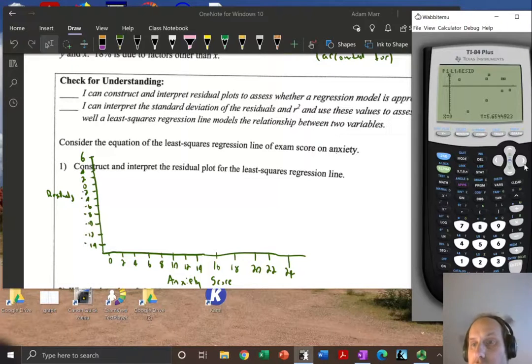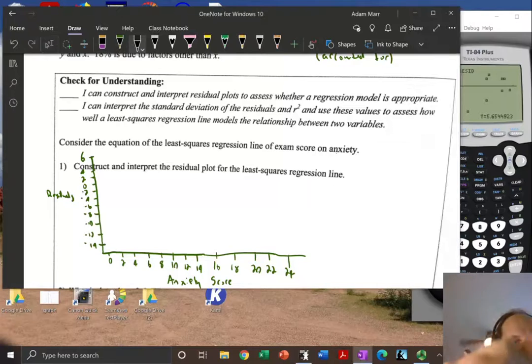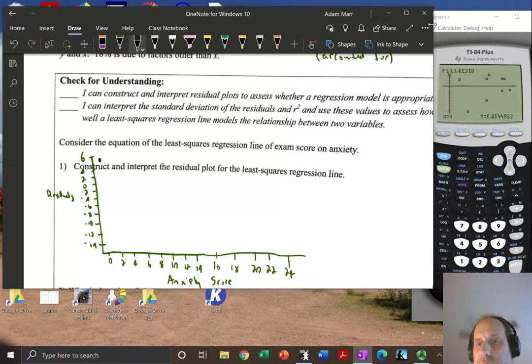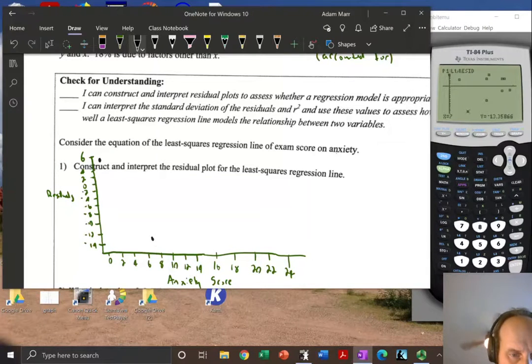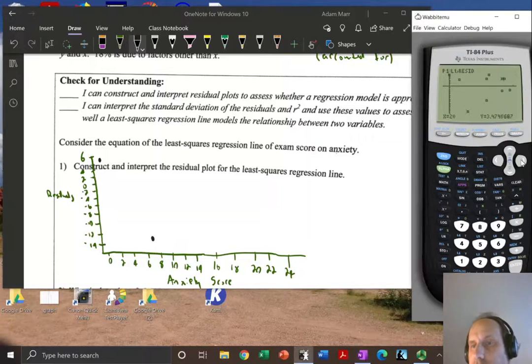All right, first we're going to go to 0, 5.6, and we're starting on this one. So 0, 5.6. That's about right there. Next, just go right. 7, negative 13.3. Then we have 20, 3.47, which rounds to 3.5.